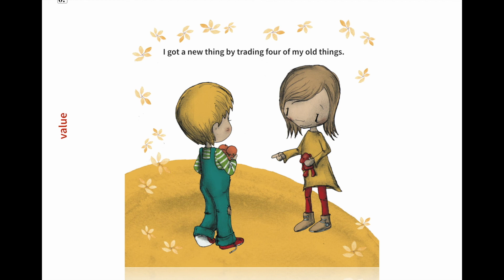For example, if you look at the picture, maybe the 4 oranges, the number 4, is equal in value to the number 1 when it comes to teddy bears. So I can trade 1 teddy bear for 4 oranges. So this type of trading actually introduces kids to the start of the number system, the realization that one number can be valued more than another number.